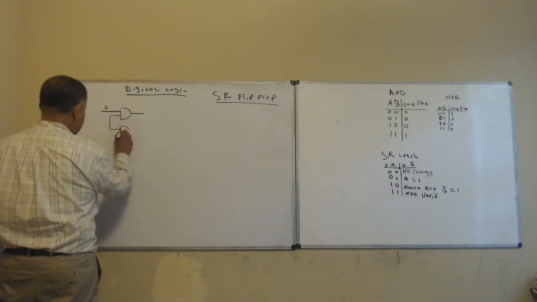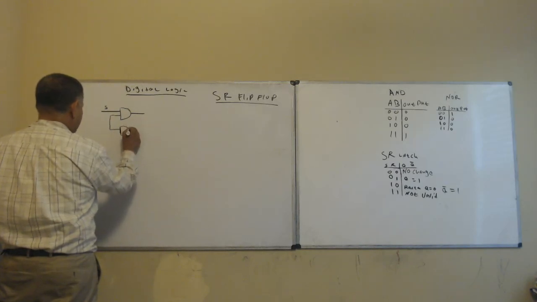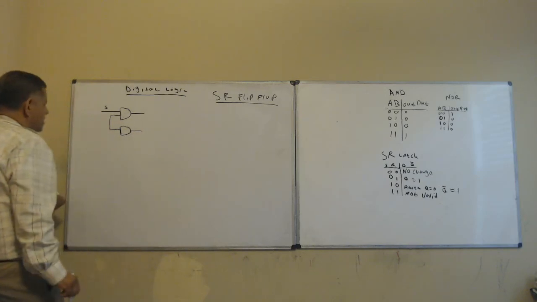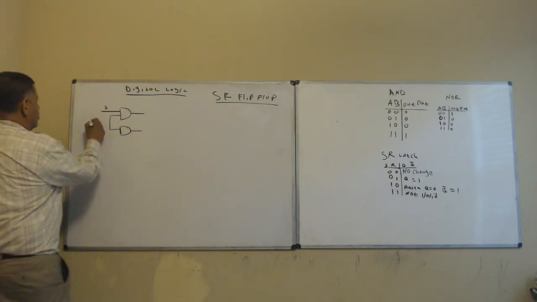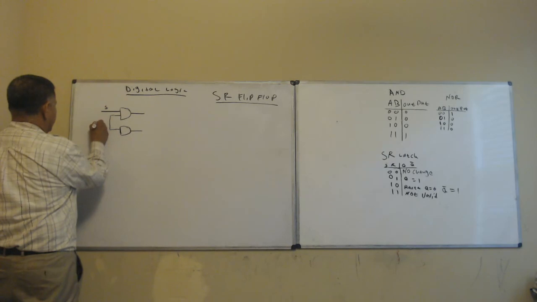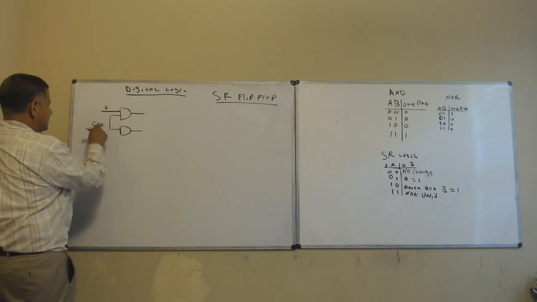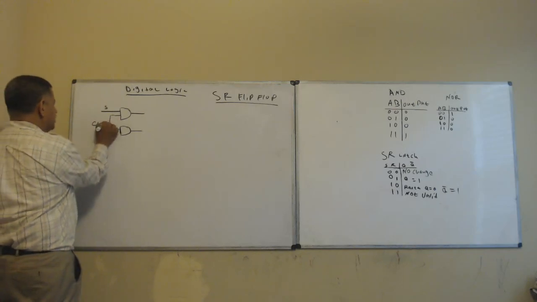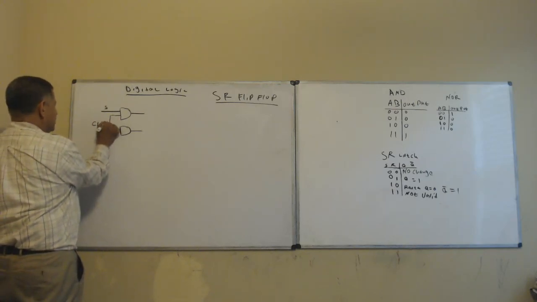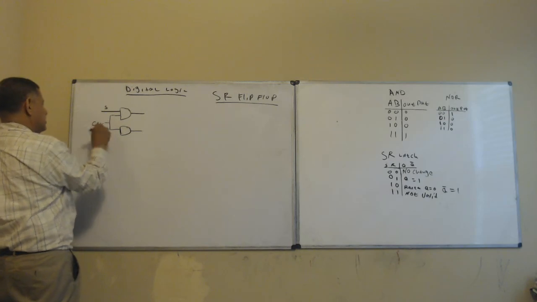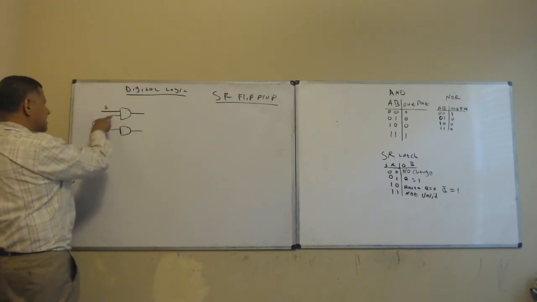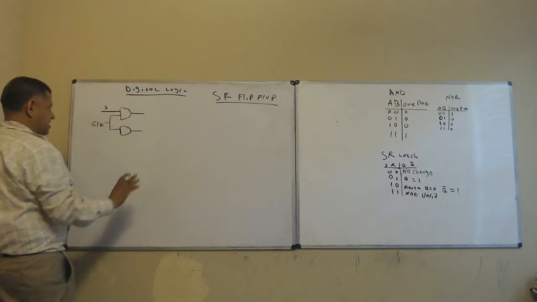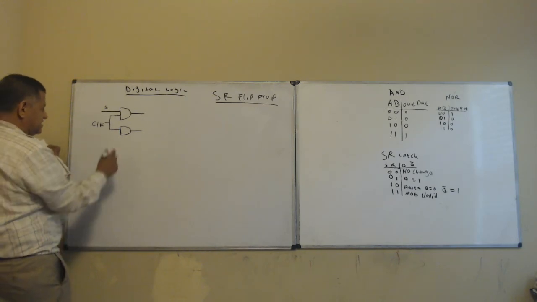So now we have something like this, right? Here we have what's called CLK, which means clock. This is a clock, right? You push this, and you send a signal either here or here at the same time. I hope that makes sense.